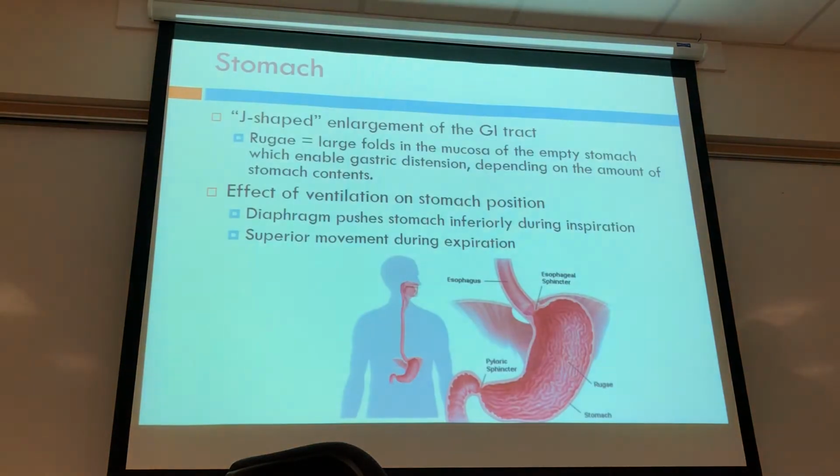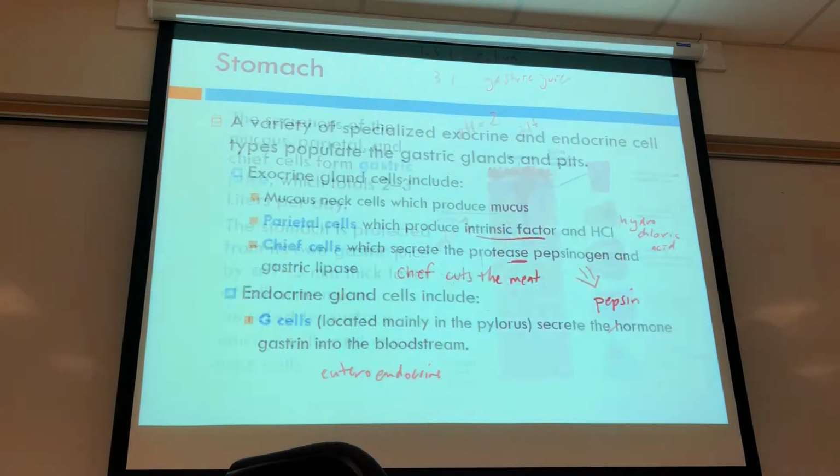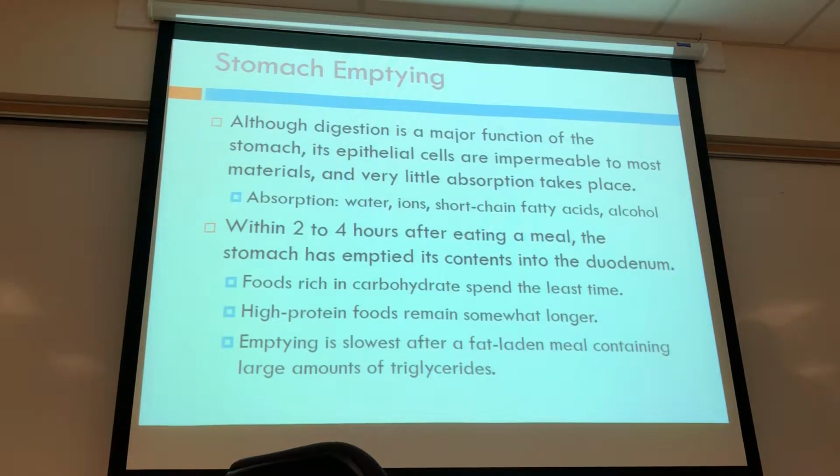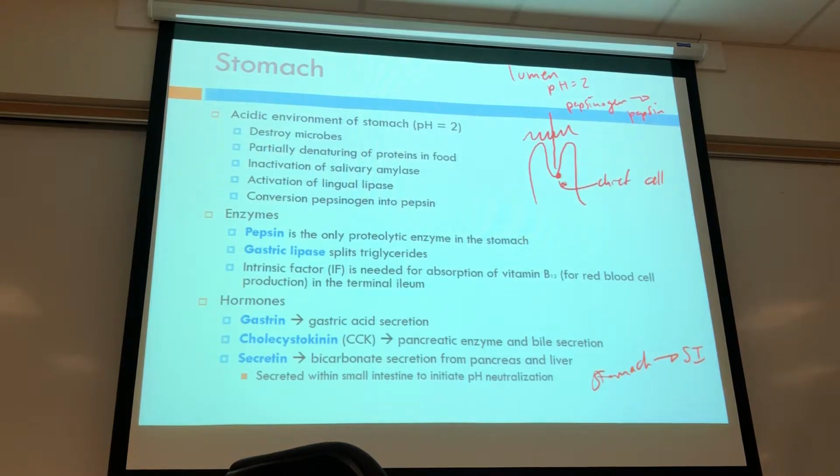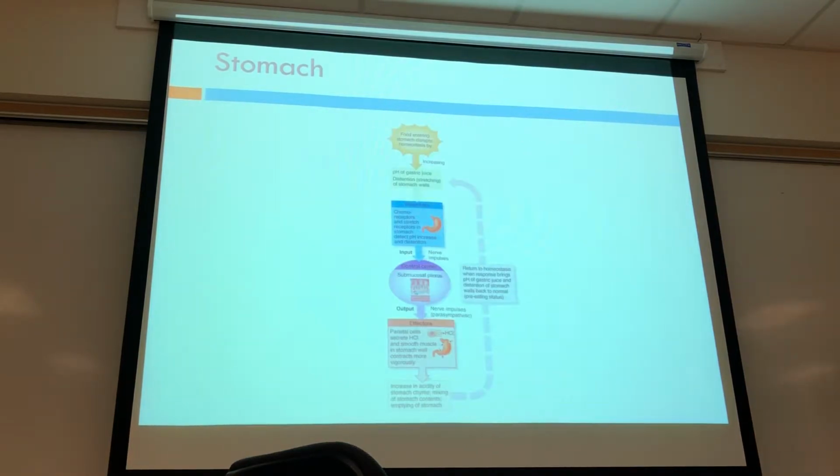Another thing I also want to mention, what's also taking place in the stomach, is on the next slide over. This is just going to show us the negative feedback loop that takes place when food enters the stomach, where we have a pH of 2.